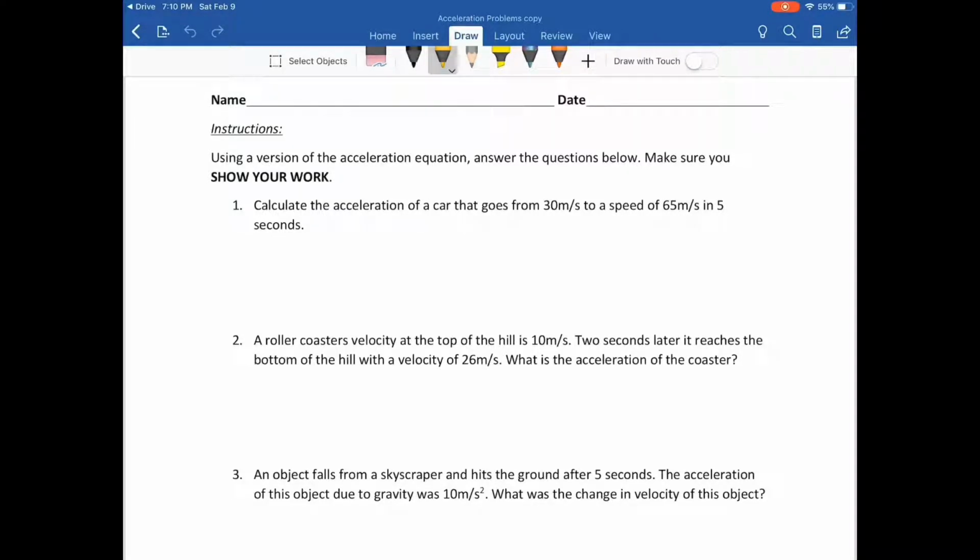So let's do the first one. We've got to calculate the acceleration of a car that goes from 30 meters per second to a speed of 65 meters per second in 5 seconds.